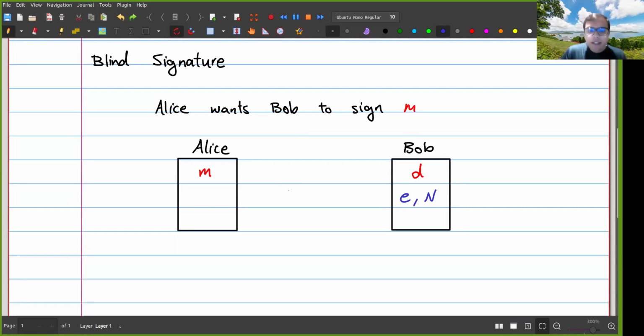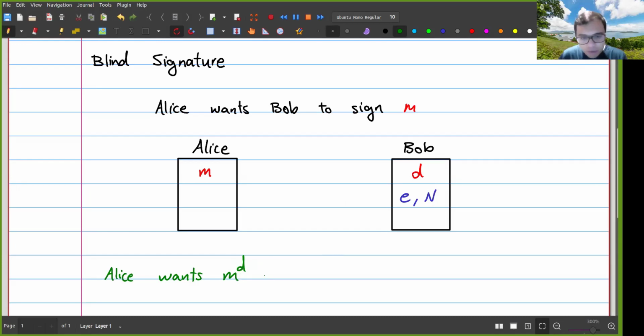Okay. Now, Alice wants to find Bob's signature on M. Okay, Alice wants Bob to sign M. So what is it that Alice actually wants? So Alice wants M to the power of D, right? Because remember the lecture on RSA, this is the signature of Bob on the message M. And again, all of my calculations are modulo n.